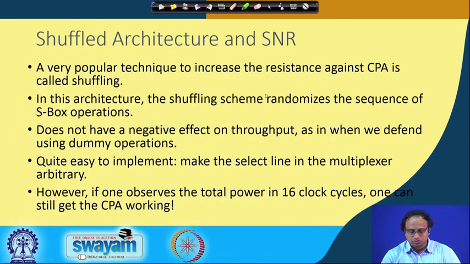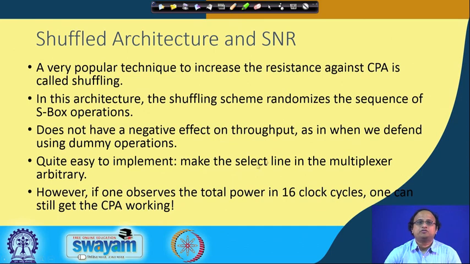It is an interesting countermeasure, because it does not have any negative effect on the throughput. For example, naive countermeasures like adding a dummy operation will add on to your throughput; in this case there is no penalty on the throughput. So, it is quite easy to implement, because you just need to make the select line in the multiplexer arbitrary.